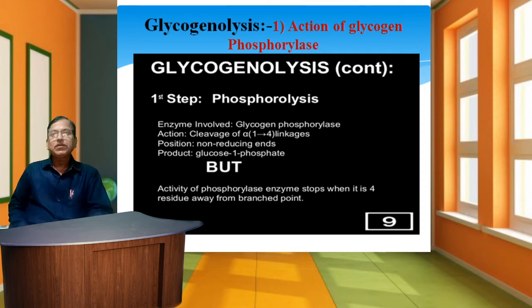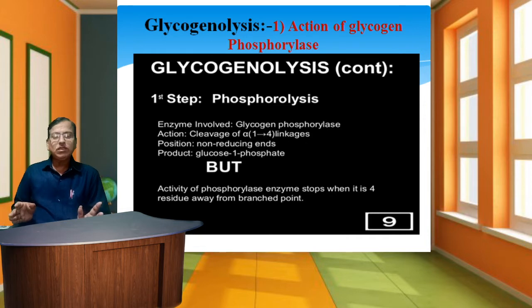In this process, the alpha-1,4 glycosidic bonds at the non-reducing ends are cleaved sequentially by the enzyme glycogen phosphorylase to yield glucose 1-phosphate. This process is called phosphorolysis. It continues until 4 glucose residues remain on either side of the branching point, the alpha-1,6 glycosidic link.